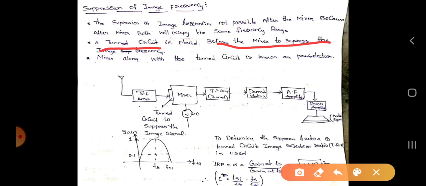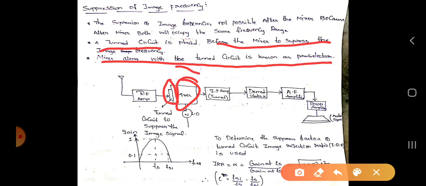I will explain this circuit in the block diagram. The mixer along with the tuned circuit is nothing but the preselector. This is the mixer, this is the tuned circuit. This total is considered as a preselector, and this is the general block diagram of the superheterodyne receiver.